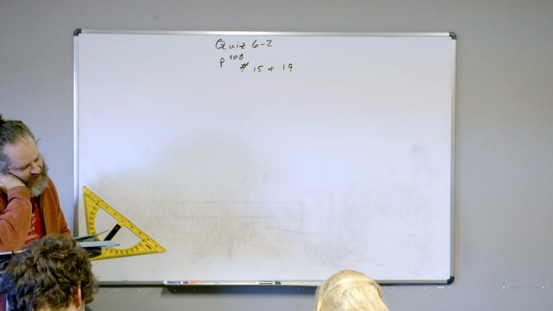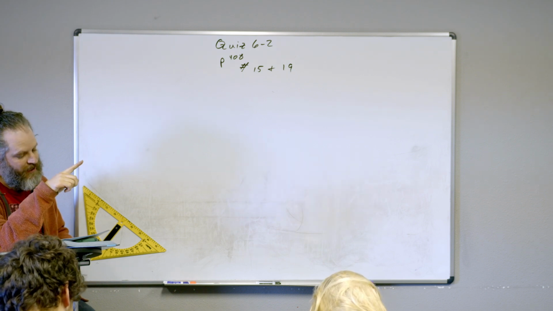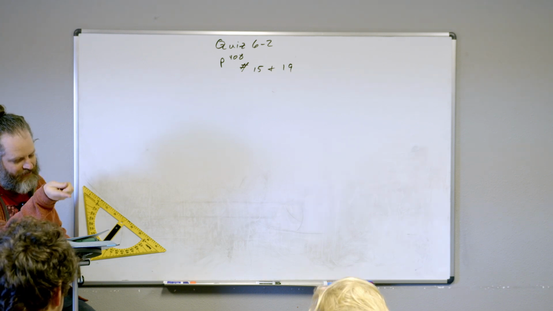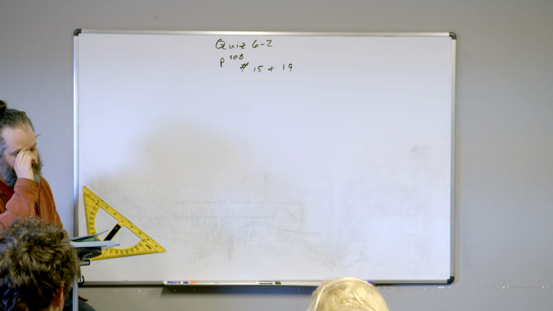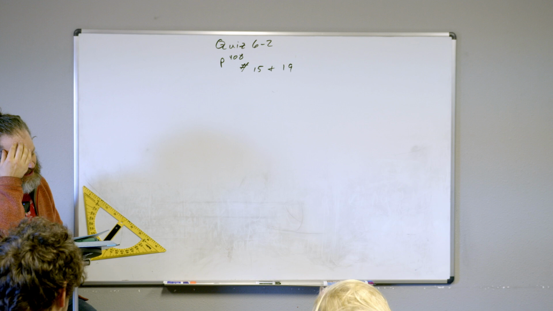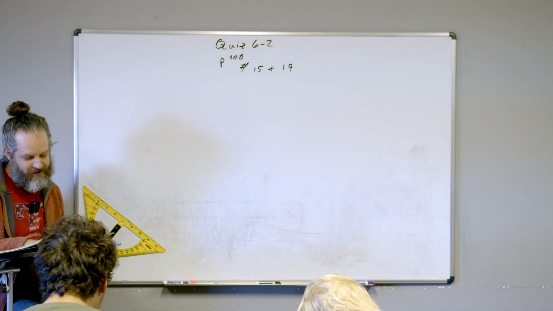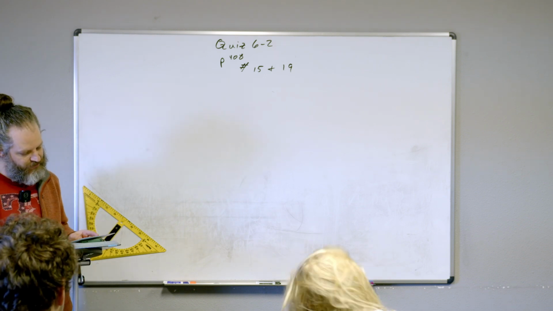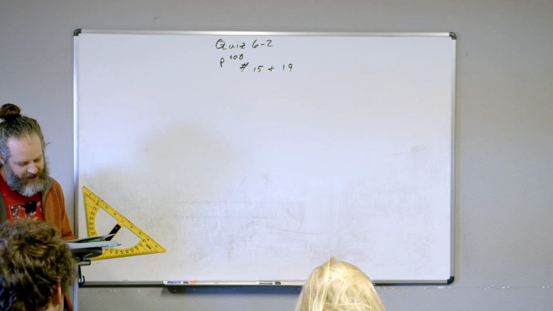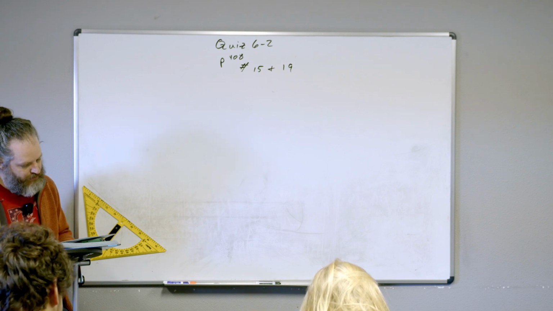38a, as x approaches negative infinity, the function approaches positive infinity, and as x approaches positive infinity, the function approaches positive infinity. For part B, since the end behavior is in the same direction, it is an even degree function. 38c, the graph intersects the x-axis at no points, so there are no real zeros. 40a, the function approaches negative infinity as x approaches negative infinity, and the function approaches negative infinity as x approaches positive infinity.